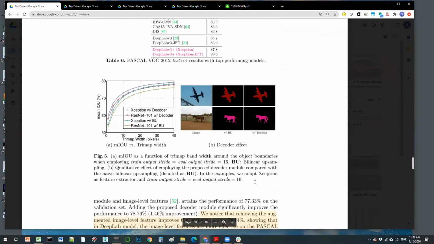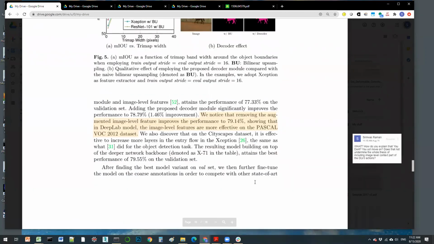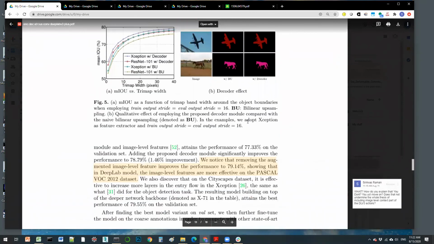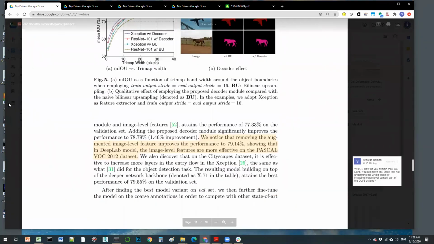And then they say all this, and this thing really blew me away. It kind of shows where deep learning is in general. They went through all this trouble, did this image pooling, and then look at what they say in this paragraph. I was just blown away by this. They say, we noticed that removing the augmented image level feature improves the performance, showing that in DeepLab model, the image level features are more effective on the Pascal VOC 2012 dataset.